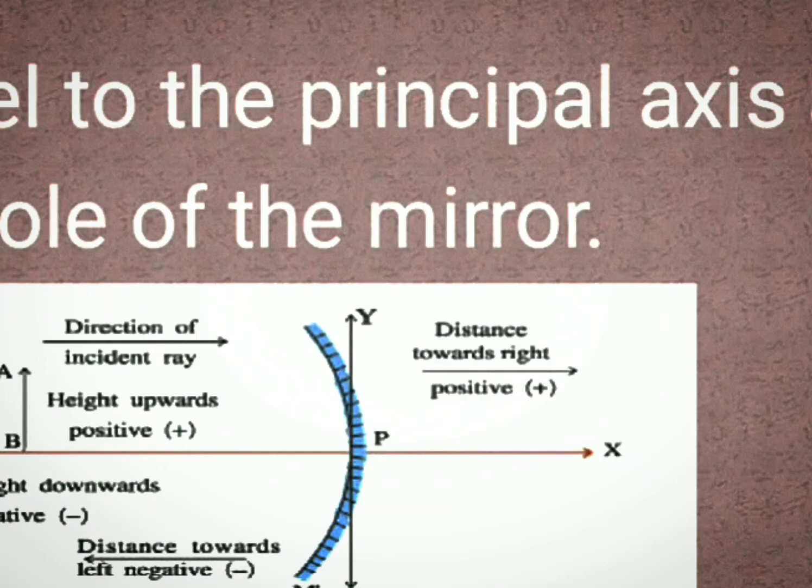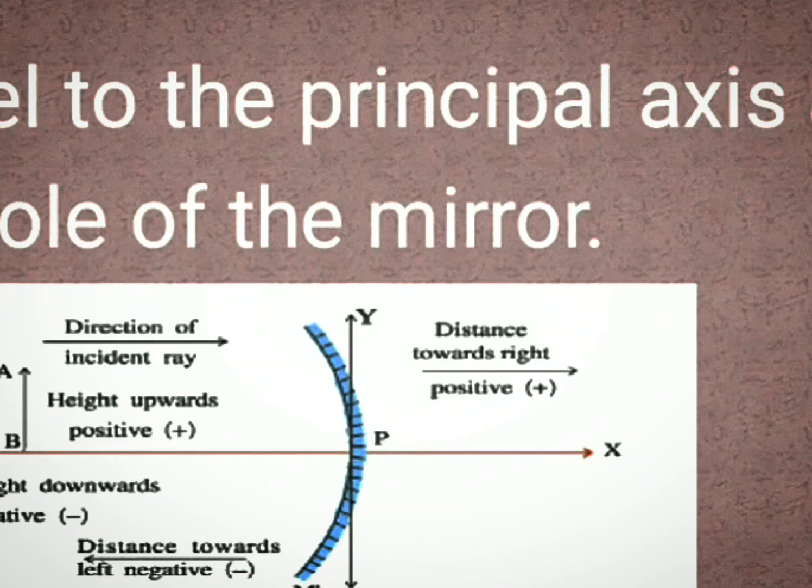Now on the left side we have the x dash axis, where all distances are negative. Always remember, the light ray is coming from the left side onto the mirror. And whatever distances we measure are from the pole. Now if the object is placed on the left side, then its distance will be considered negative.